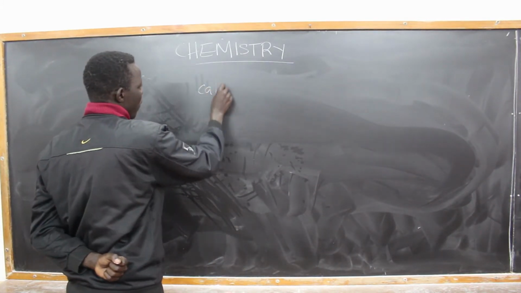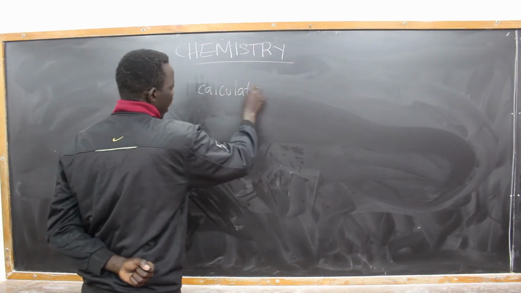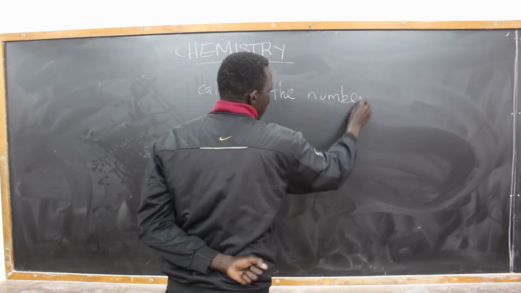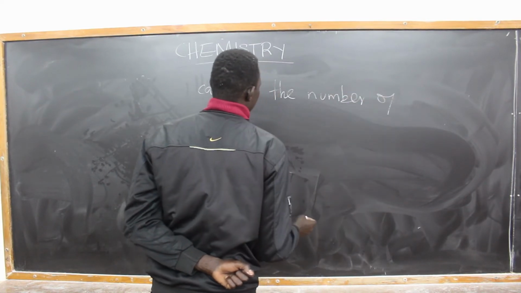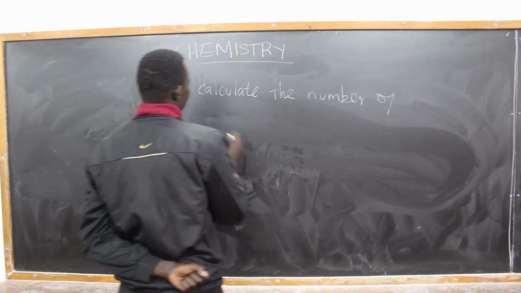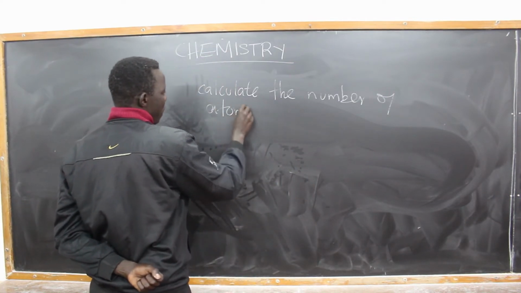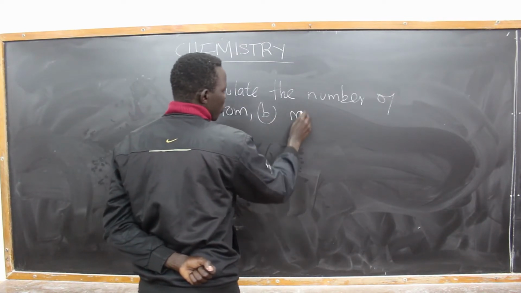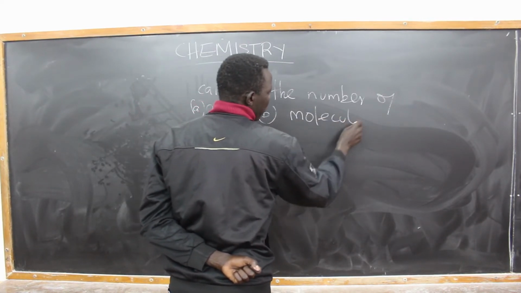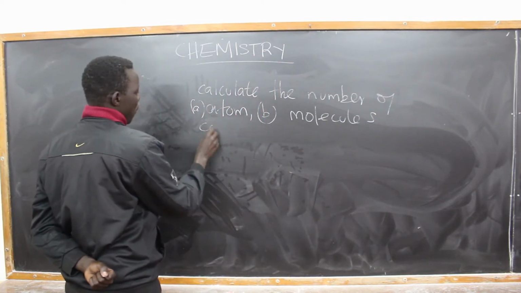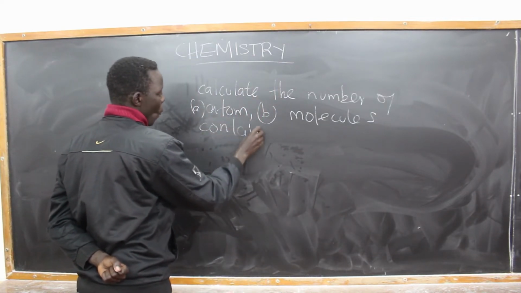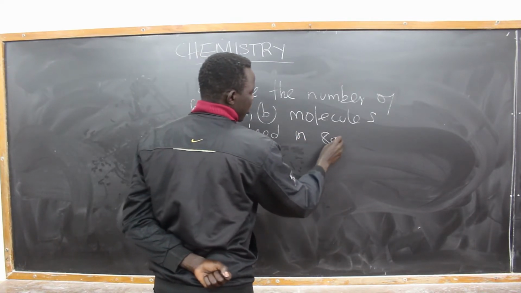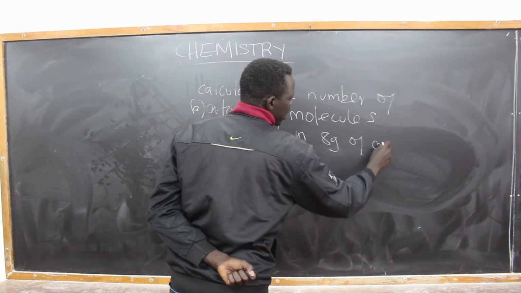For example, calculate the number of A. atoms, B. molecules contained in 8 grams of oxygen.